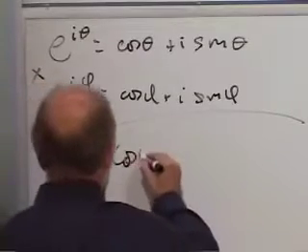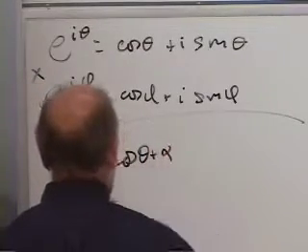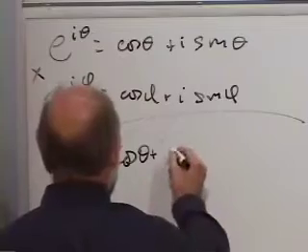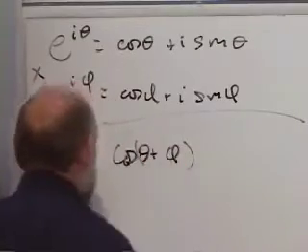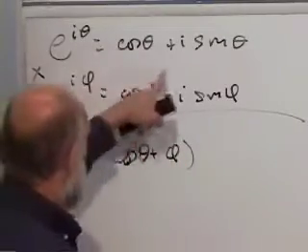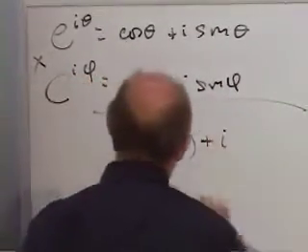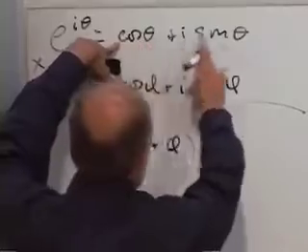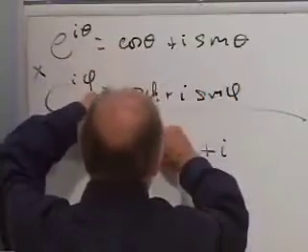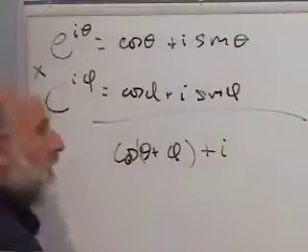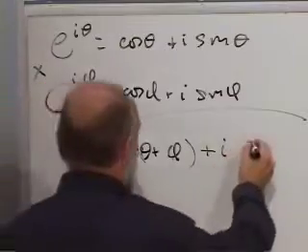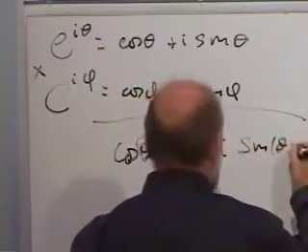Cosine of theta plus phi. That's a high school trigonometry formula: the cosine of the sum of two angles, cosine cosine minus sine times sine. And then plus the imaginary part, which is cosine theta sine phi plus cosine phi times sine theta, and that's just sine of theta plus phi.